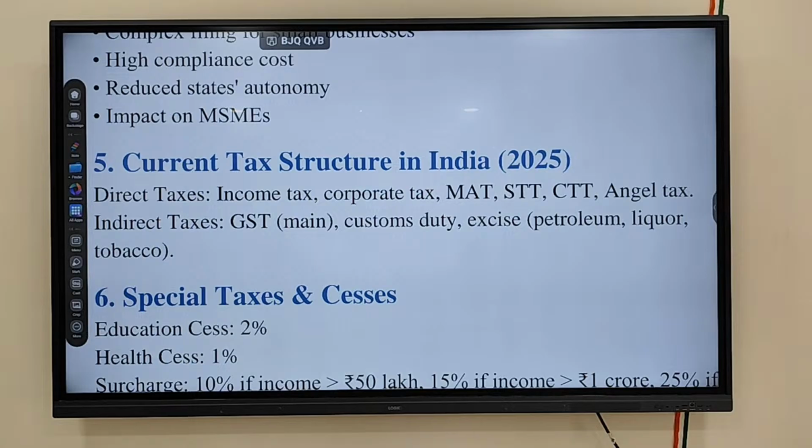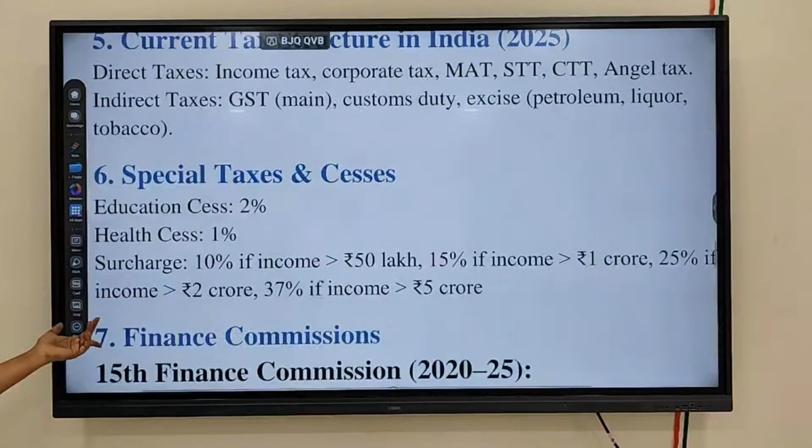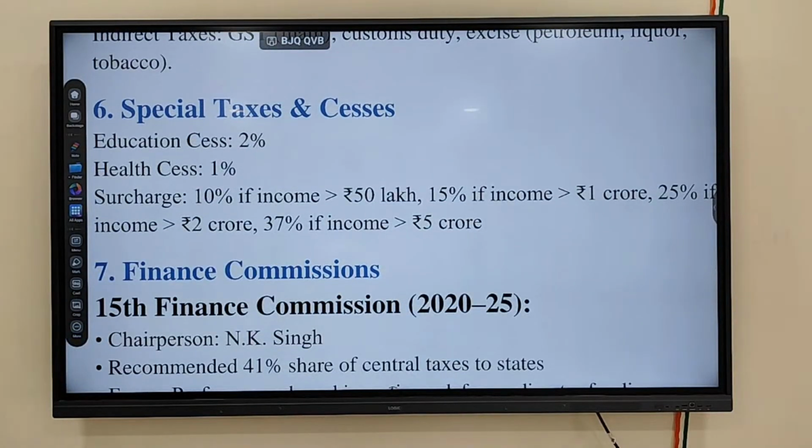Education cess is 2%, health cess is 1%. Surcharge, I told you yesterday.